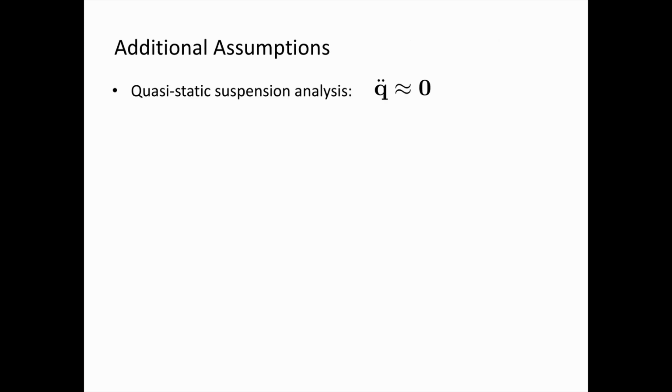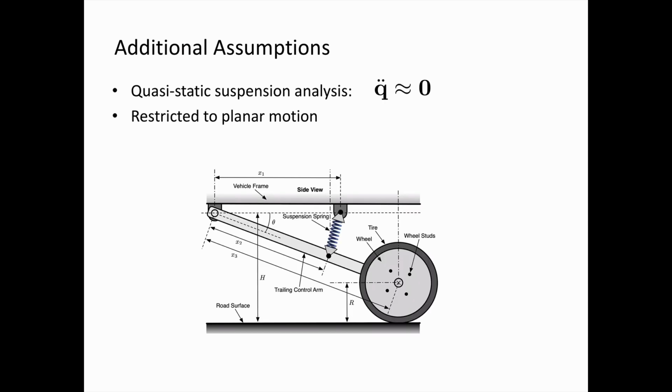Some additional assumptions. We're doing what we might call a quasi-static suspension analysis. In essence, the accelerations we are treating as approximately equal to zero, but we are very interested in, well, what are the forces, the nonlinear forces involved in the system as the suspension moves through its travel. So this quasi-static analysis means we're assuming we're moving the suspension slowly, and so we can neglect the effects of acceleration on forces in the system.